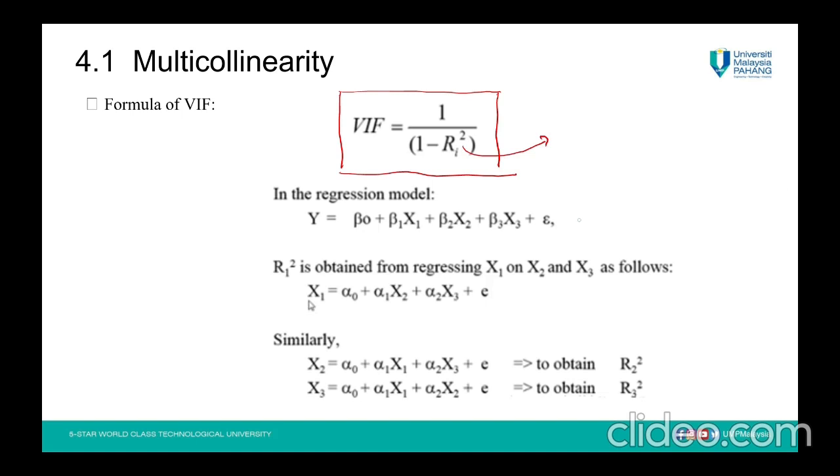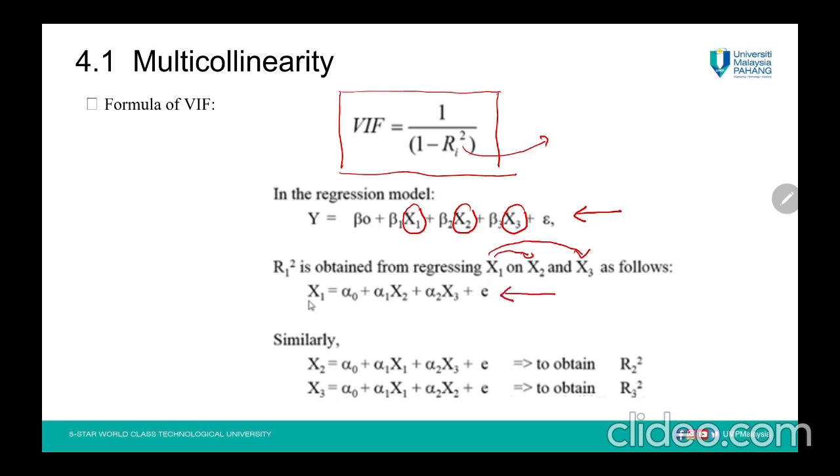Let's say for this model, when we have 3 x, x1, x2, x3. So that to get R1 squared, we can obtain it from regressing x1 on x2 and x3. So that we can get this regression equation.